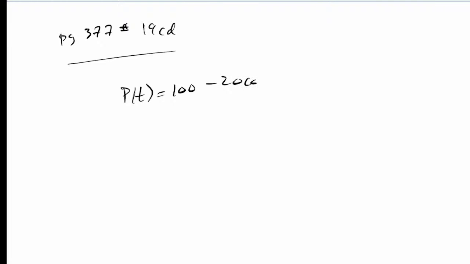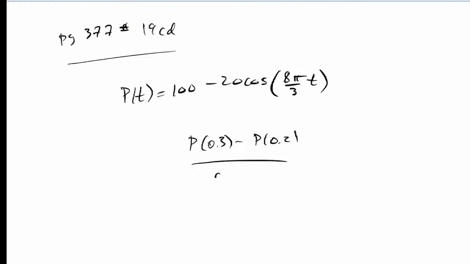Your issue, I bet, was you're calculating radians or degrees? Because they're using radian measure here. I bet your calculator when you did it was in degrees. Because the calculation is just P at 0.3 minus P at 0.2 over 0.3 minus 0.2.